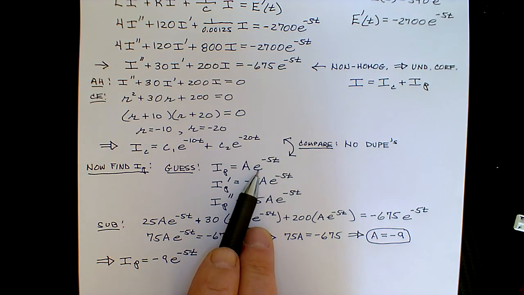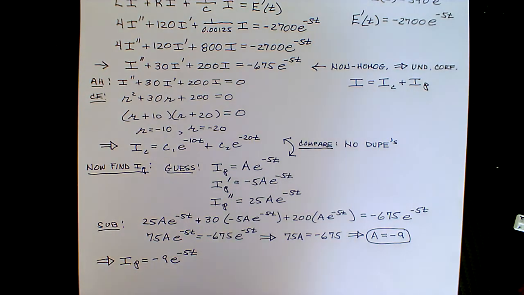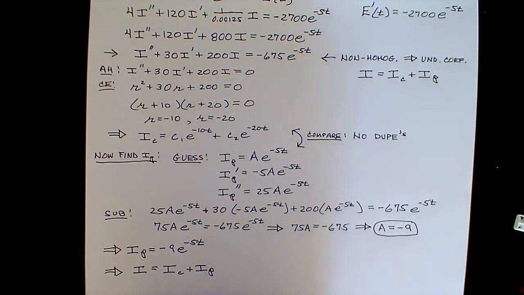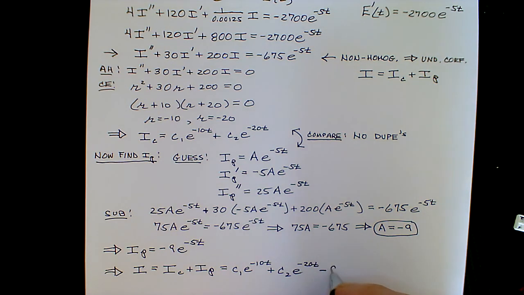That further means that the current I is, again, I sub c plus I sub p, and so therefore we'll say that's I sub c, c1 e to the negative 10t plus c2 e to the negative 20t, and then plus I sub p, which was the negative 9 e to the negative 5t.